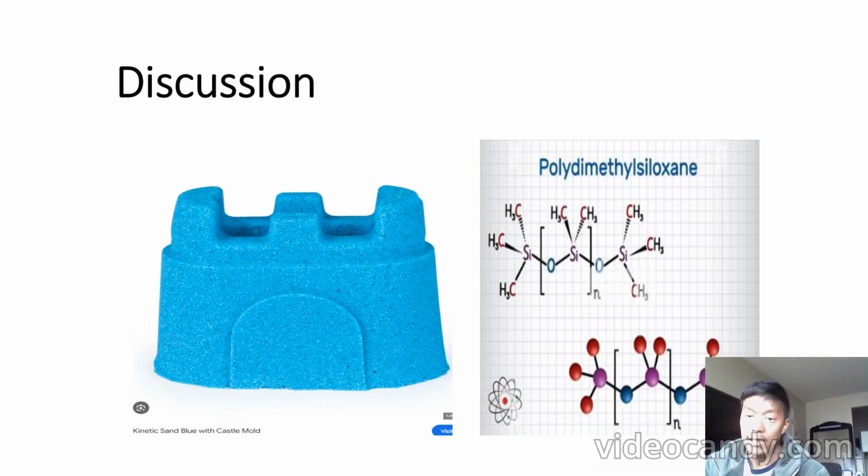In kinetic sand, the polydimethylsiloxane coats the sand particles, and it has a flexible, viscous nature that allows the sand particles to stick together when pressed, but slide past each other easily when the pressure is released, allowing the sand to flow.